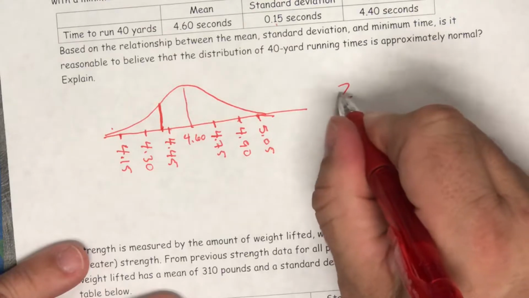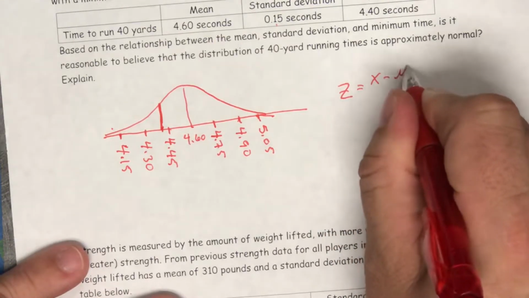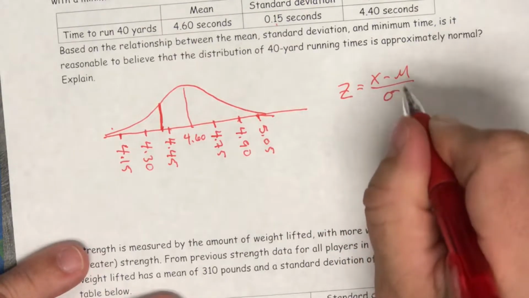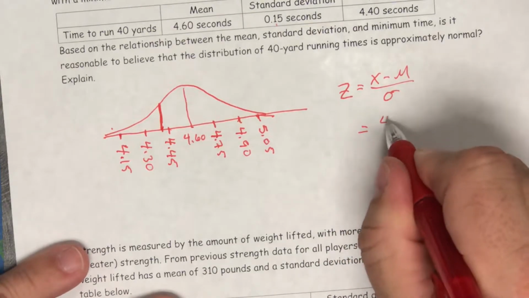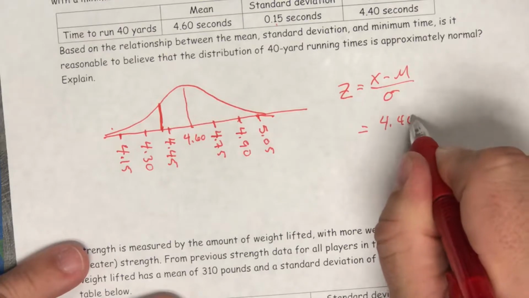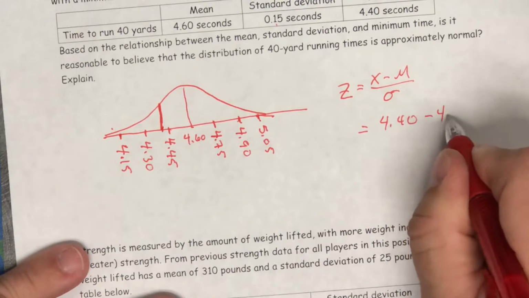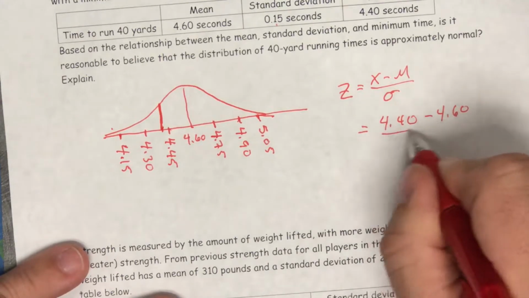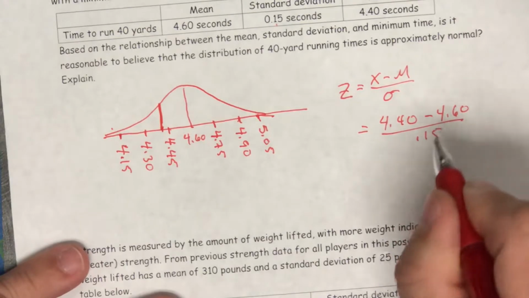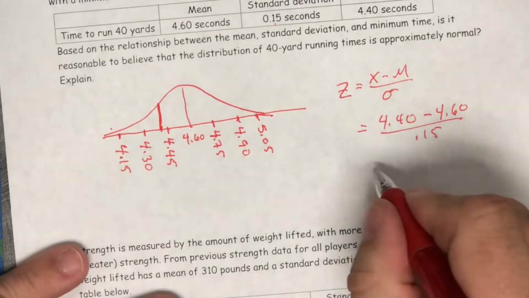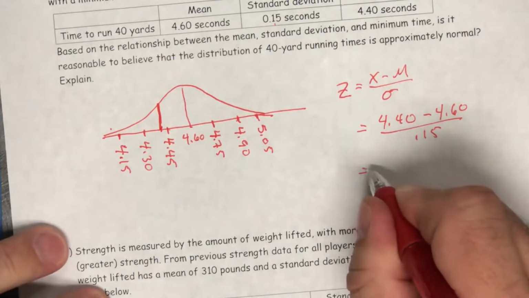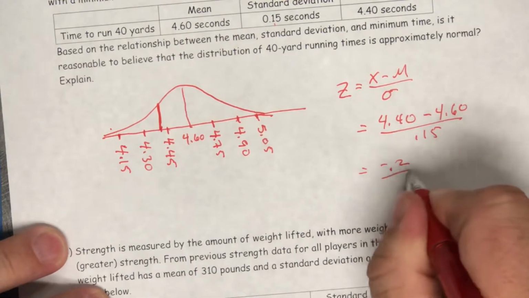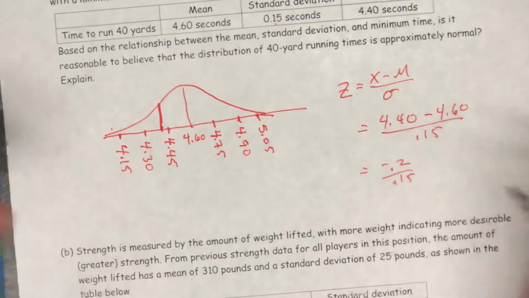So I go, well, z equals x minus mu over sigma. And my lowest happens to be, in this case, 4.40. My mean was 4.6, and my standard deviation is 0.15. So when I do that, I end up with z equals negative 0.2 over 0.15.